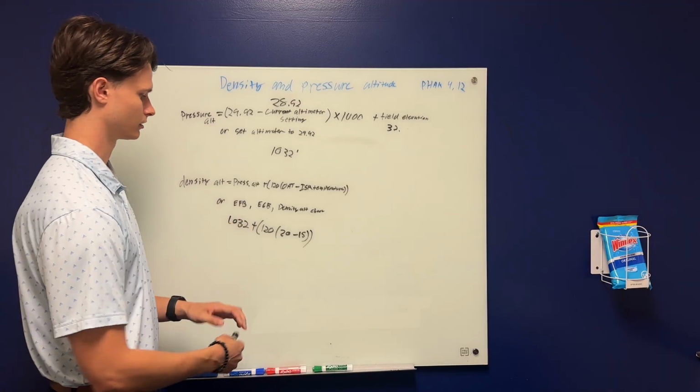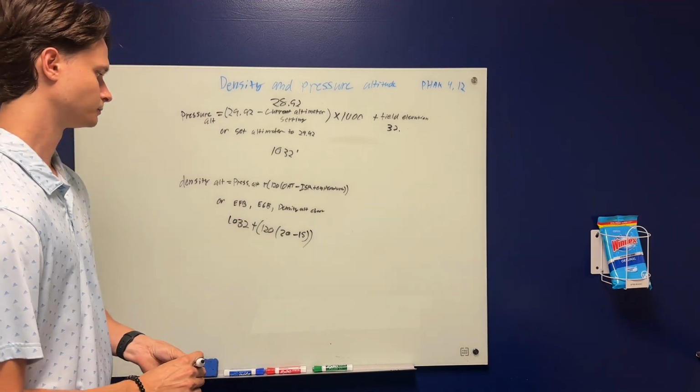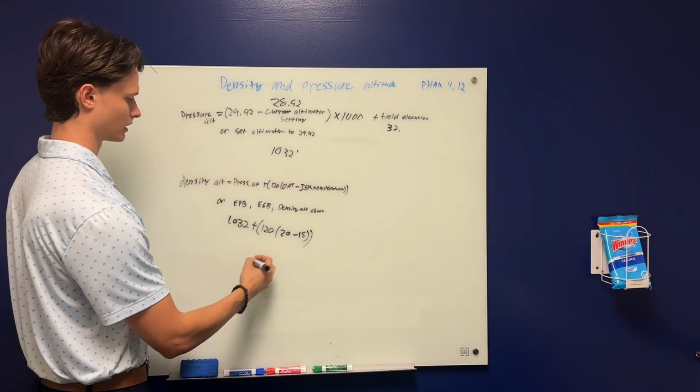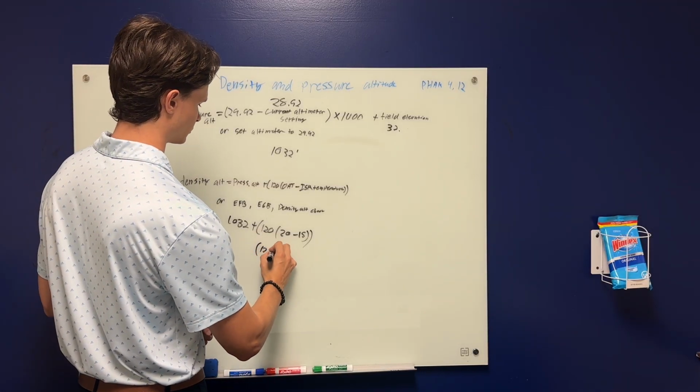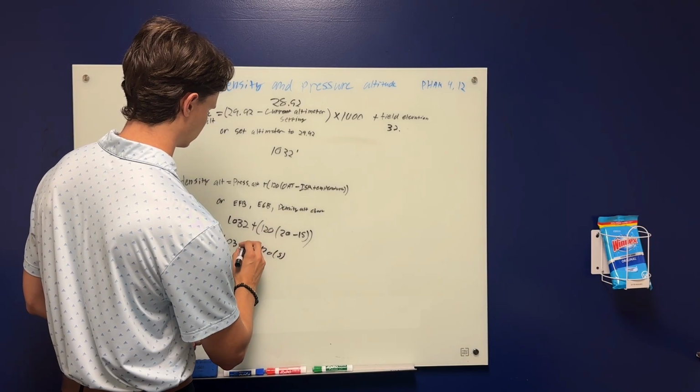But bringing it back into our example here, where we're at that standard, or at 0 altitude, at sea level, now we can do the math. So we're going to get 120 times 5 plus 1032.